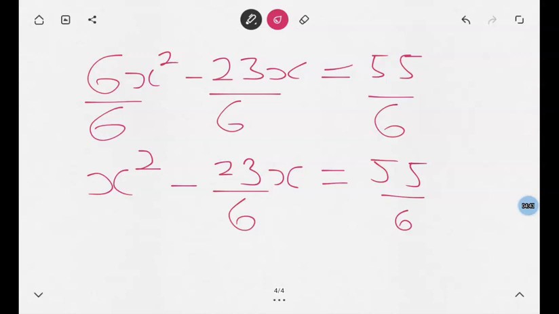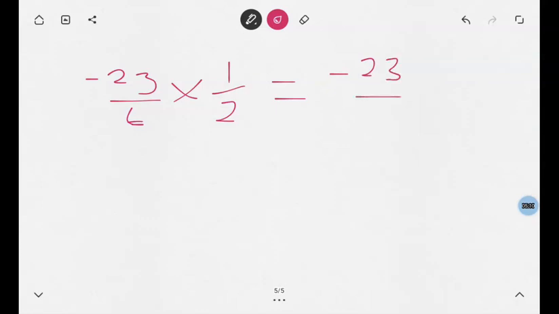So half of minus 23 over 6 will be minus 23 on 12.